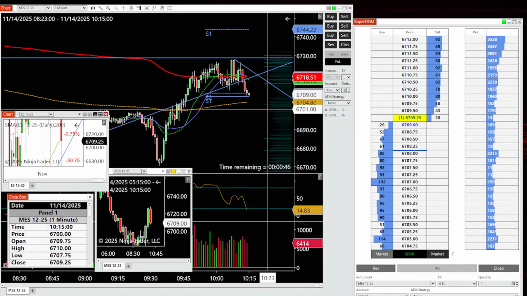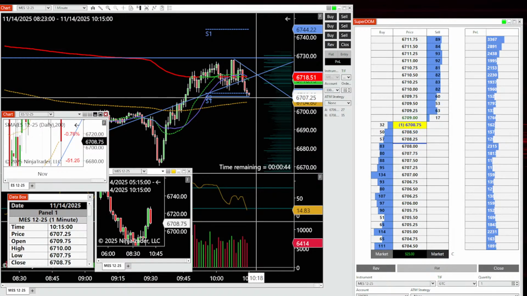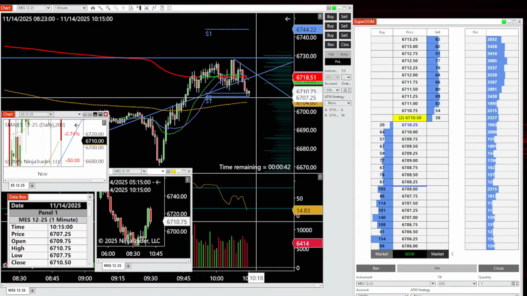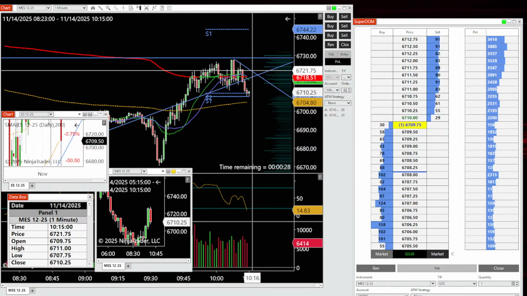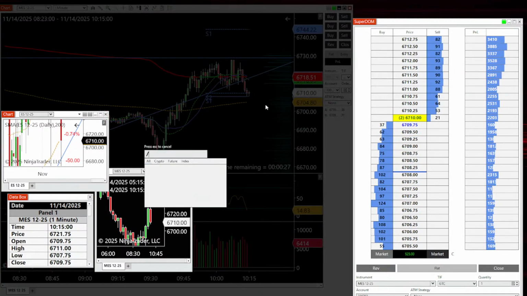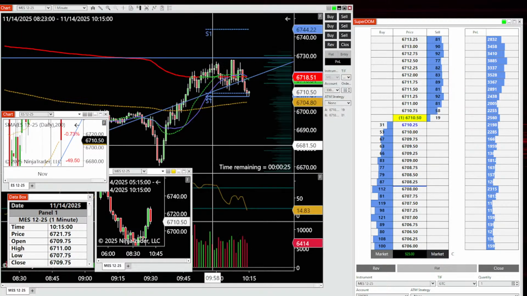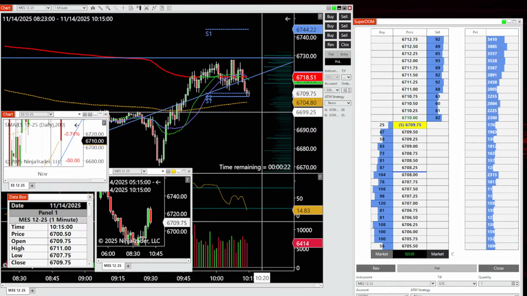Break that 9. The 15-minute bar opens up in about 30 minutes. In about 30 minutes, I'm gonna move this. I don't want to put a lot of stuff on the chart.